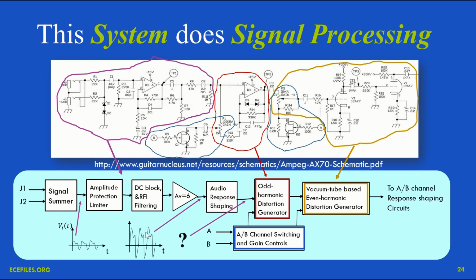It'll take our guitar waveform and turn it into a different waveform, but more importantly, a waveform with a different spectrum. So we're going to figure out what that spectrum will be and what it means in terms of what it should sound like. That's why they're doing it, to make the guitar sound special.